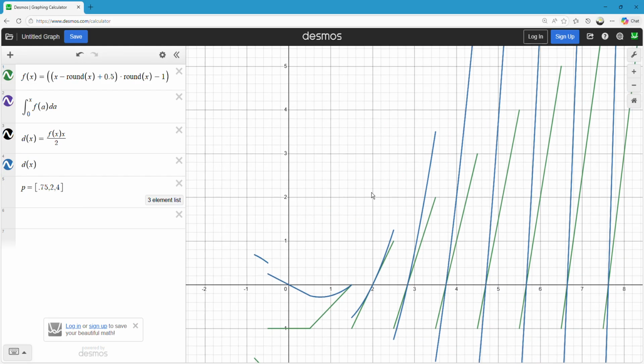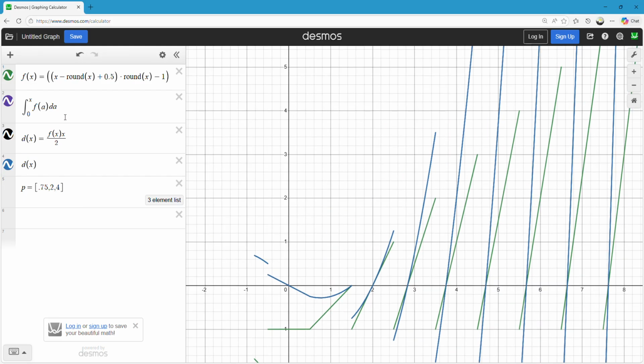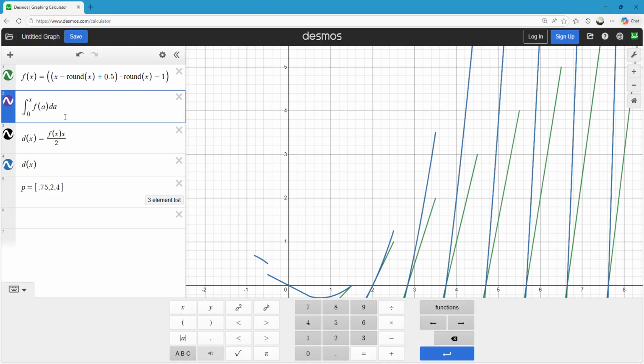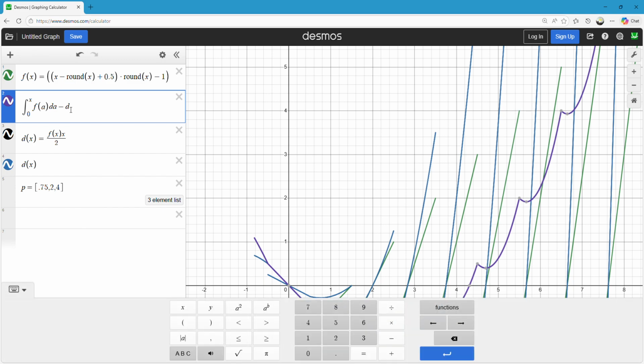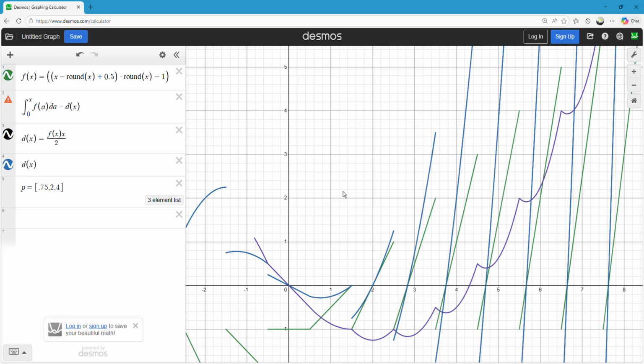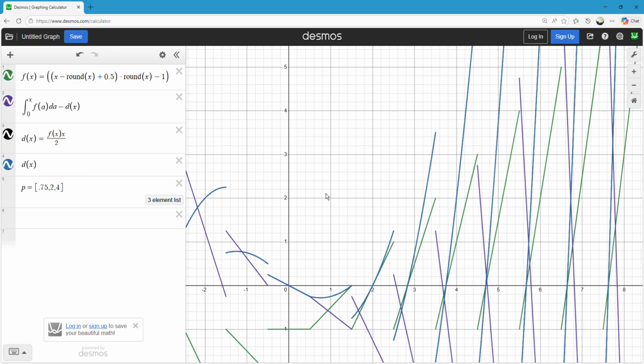So here's the answer. Wait until it loads. I don't know why it's only showing that portion. And then we're going to just minus it by dx so that we can get the missing function. That is neat.